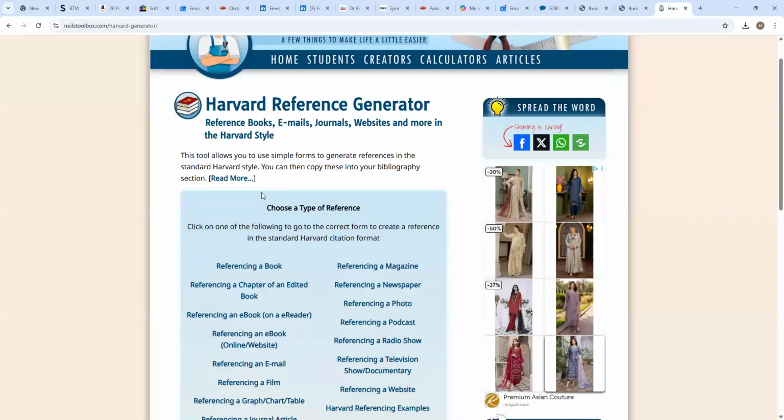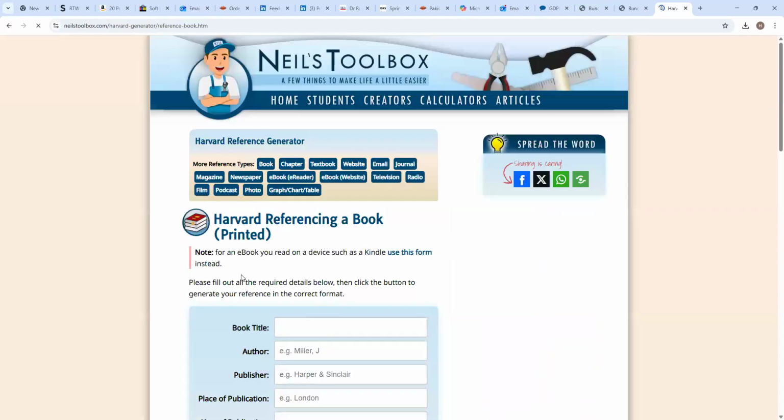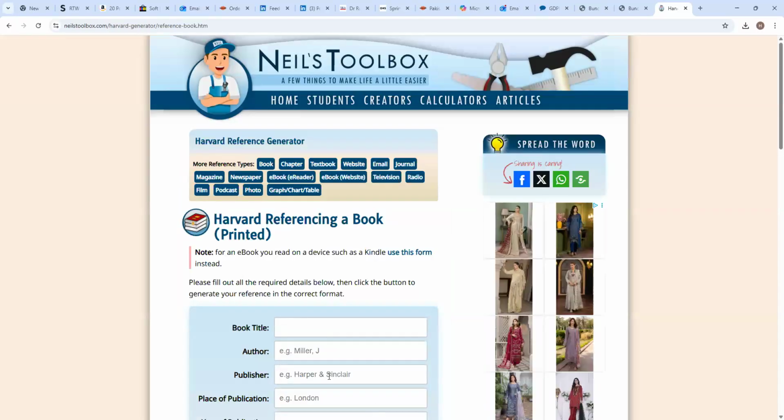It looks at elements of referencing any sort of sources that you need to use for your assignment. So it could be a chapter of a book, it could be the internet, giving you ideas of that. So we'll go on to referencing of a book, okay? And I'll just have a look at that.